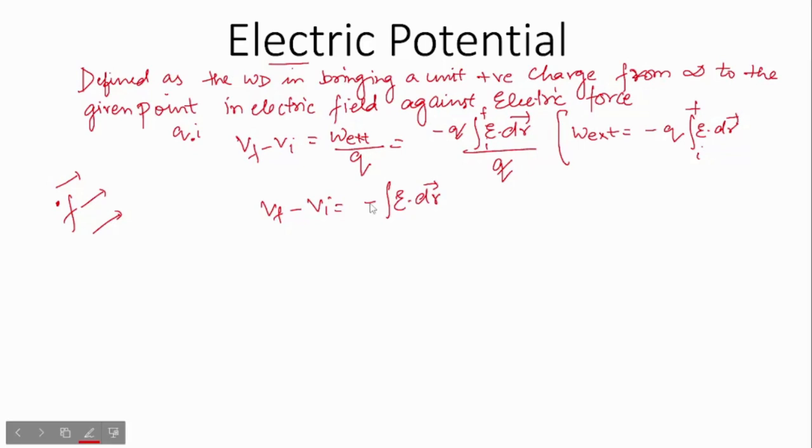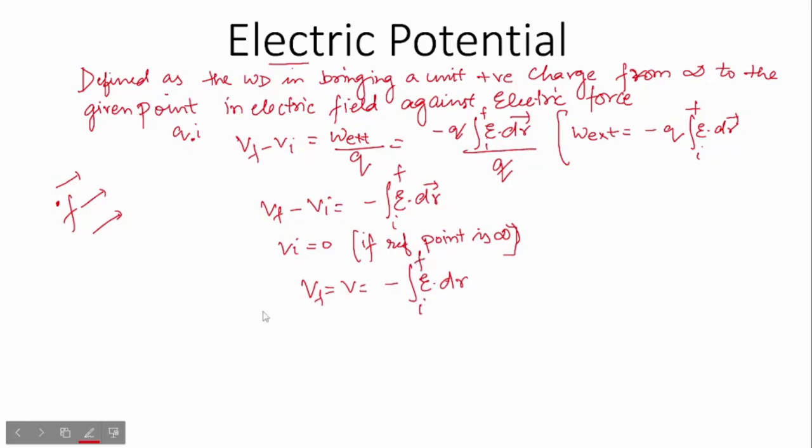Now, if we are considering our reference point as infinity, so Vi will be 0 if the reference point is infinity. So what happens? Vf becomes V, which is equal to minus E dot dr from I to F.